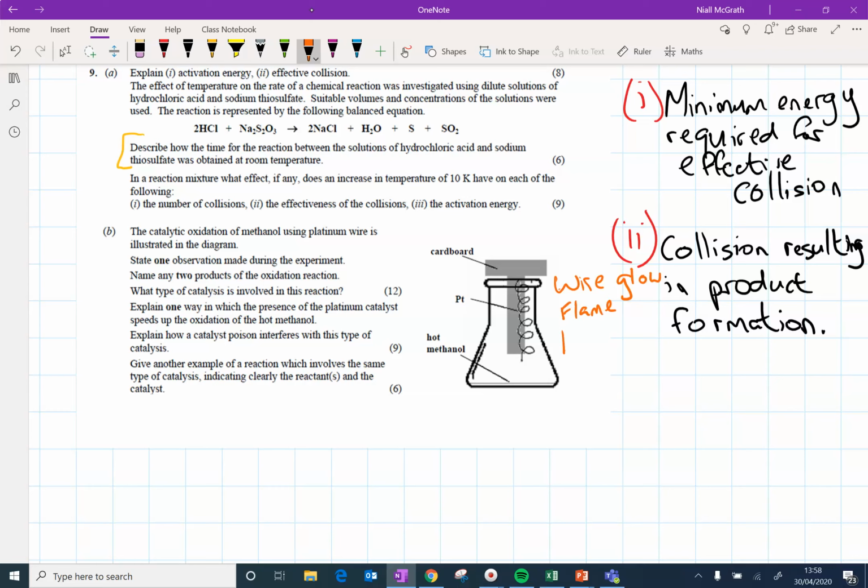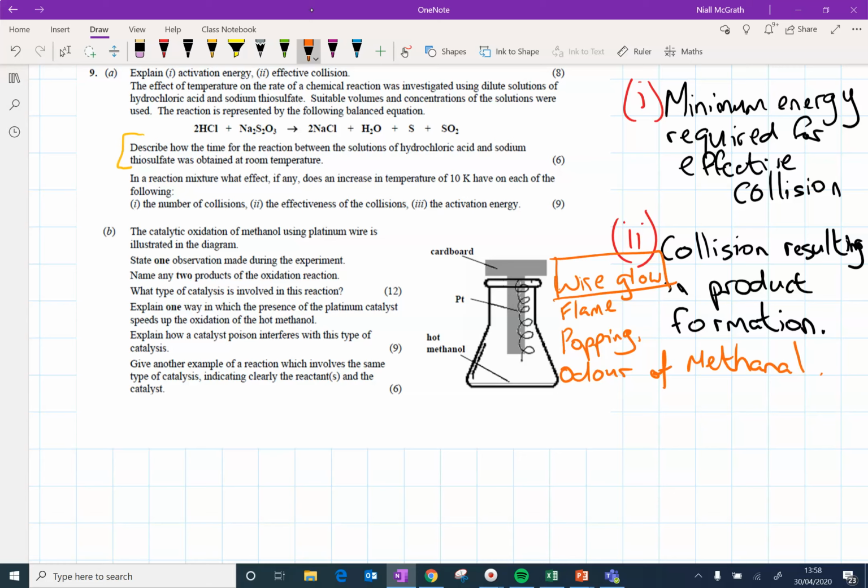There could be a popping sound. Or there could also be an odor, and that odor is of methanol. Those are some of the observations that might be made. The wire glowing is the most obvious one.